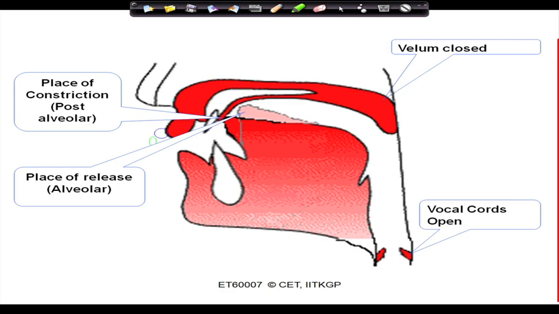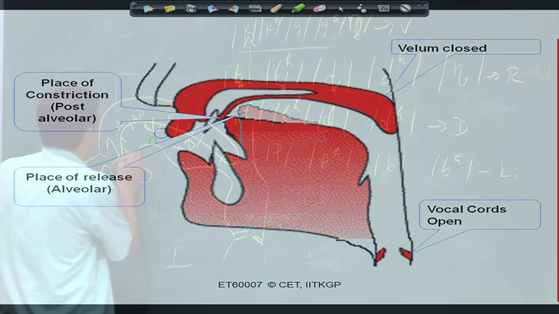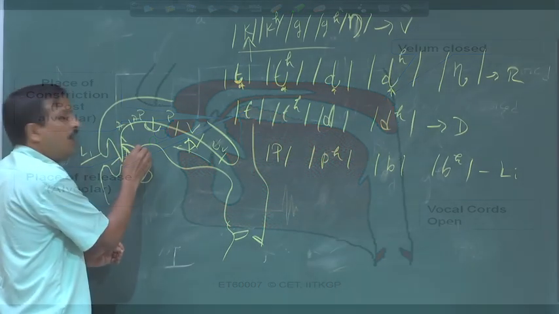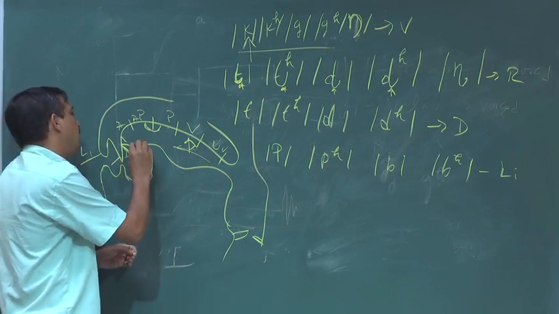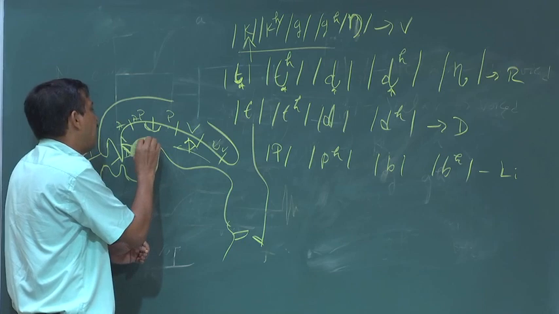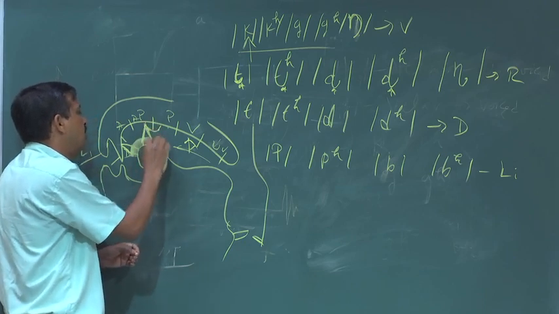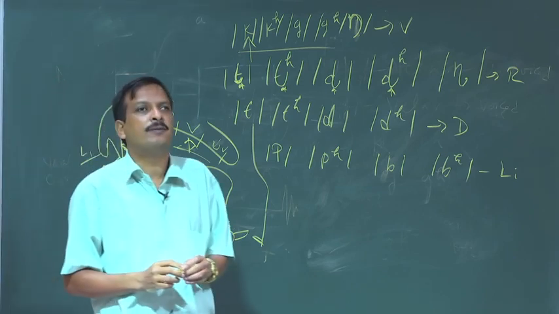So, the tip of the tongue touches the dental region to produce the plosive part, and after the plosive, the tongue is curled, pushed back, and touches the post-alveolar region to produce the friction.